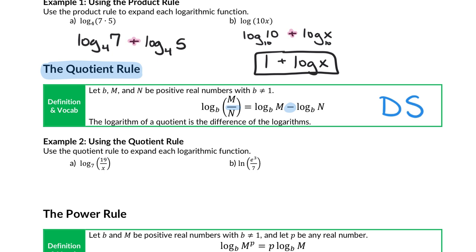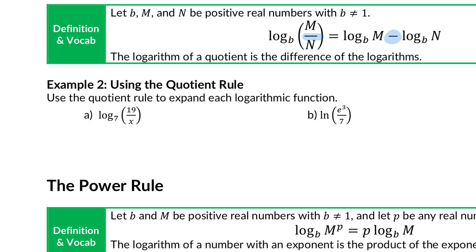The logarithm of a quotient is the difference of those logarithms. So again, when we're expanding or condensing, these rules apply. So if we use the quotient rule to expand here, the base never changes, but I see that there's a division problem. So this becomes log base 7 of 19 minus log base 7 of x.